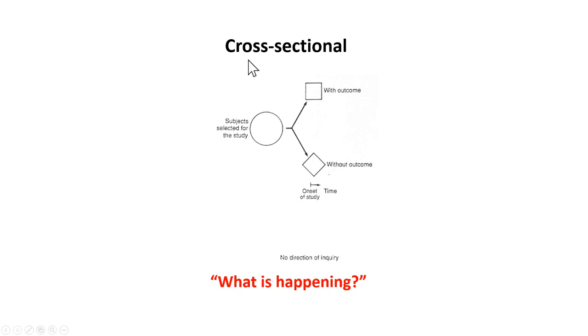Then you can look at this in a short period of time, cross-sectionally, and say out of the 1,000 admissions, 600 cases went into ICU, 400 did not go into ICU. This is the difference between them. And that is looking at what is happening right now at this current point in time. And this is not looking backwards or forwards, so this is principally concurrent cross-sectional observation.